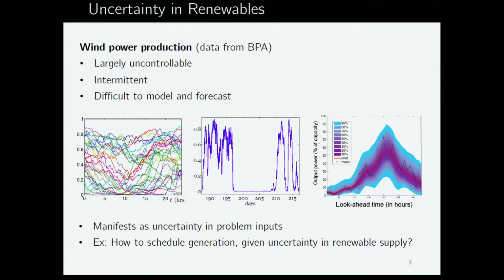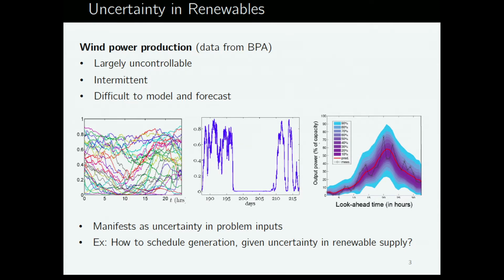Finally, this figure just represents the difficulty in forecasting. This is a 24-hour-ahead forecast of wind, showing the prediction error as a function of the prediction horizon for wind power production in some region. You can see the confidence intervals can be quite large relative to the expected value.